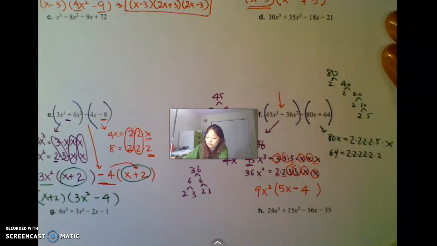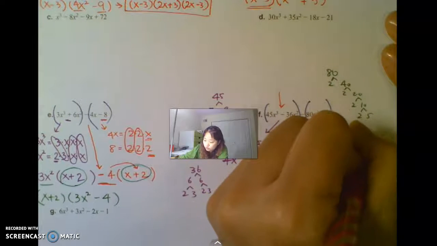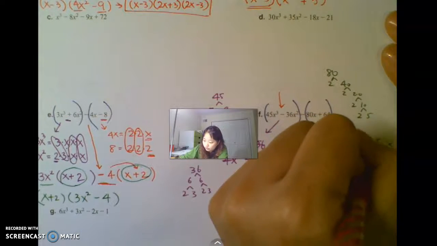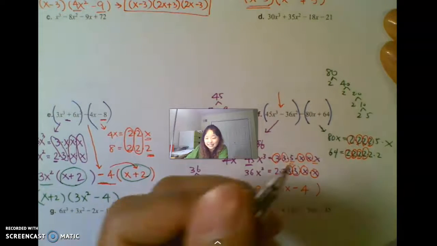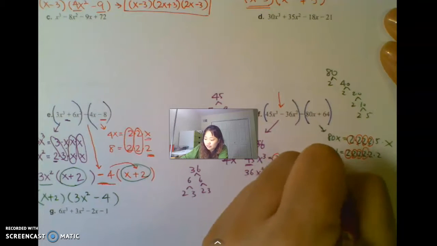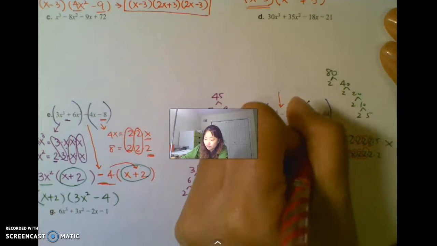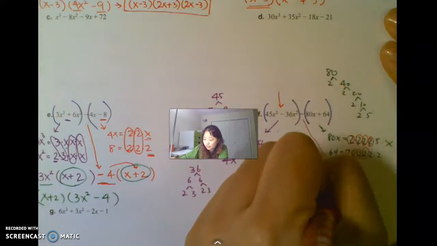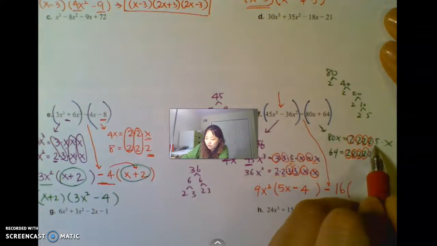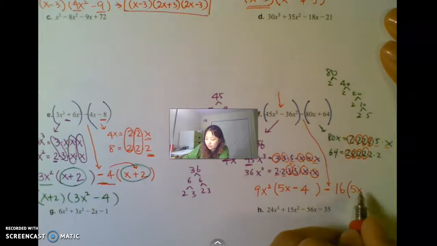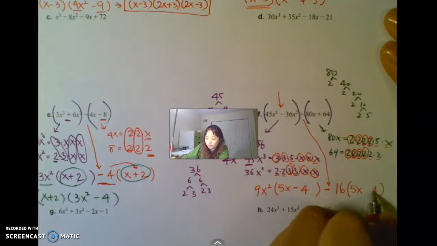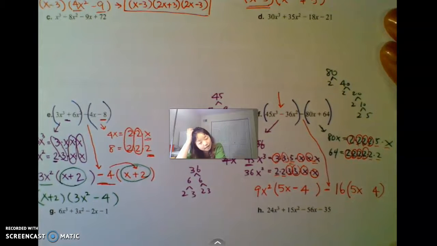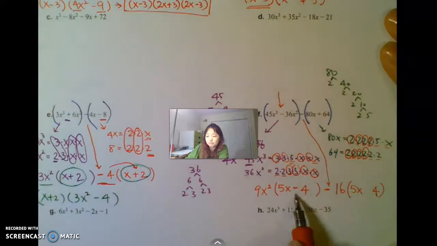So what is the greatest common factor? They both have 2's, another 2, another 2, another 2. So 16. So it'll be 16 times 5x. And then I know 2 times 2 is 4, but let's think about the sign. Now, because we're trying to match it, I hope it's the minus 4.